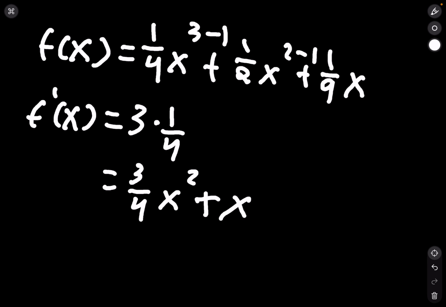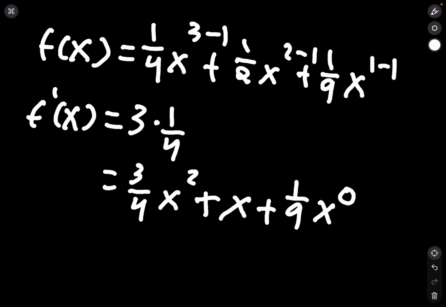And then obviously, the last derivative would be 1/9. Because remember, this is like an invisible 1, and 1 times whatever number you're multiplying is just the same, and then subtract the 1, this is essentially just x to the 0. But again, anything to the 0 is just 1.